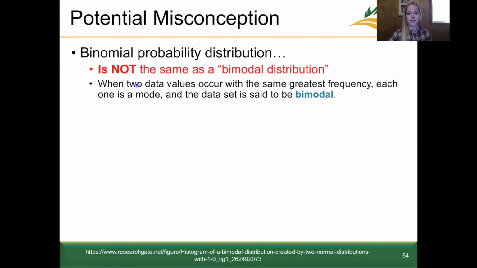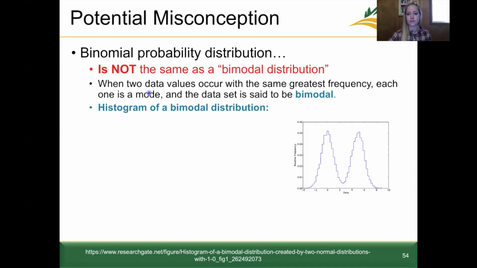Bimodal distributions are when we have two data values that occur with the same greatest frequency, where each is a mode, right? Where a mode is the category or the value that appears the most in our data set. When we have two modes, we have a bimodal distribution. A histogram of a bimodal distribution would look something like this, where this is one mode and this is the other mode. So these are the numbers that appear the most in our data set.